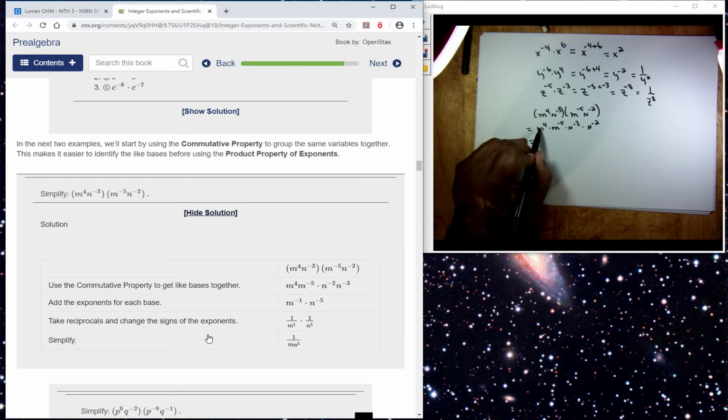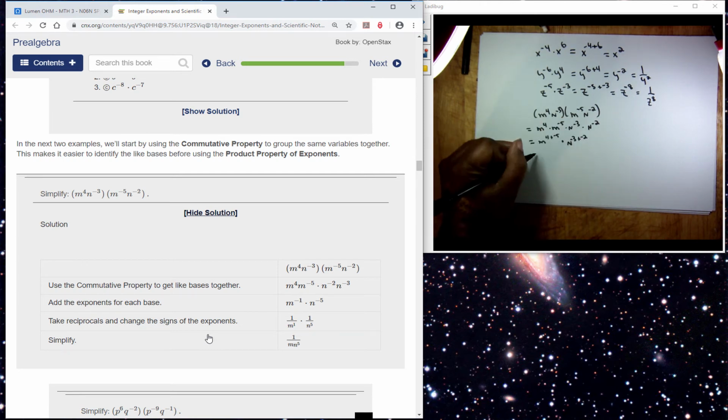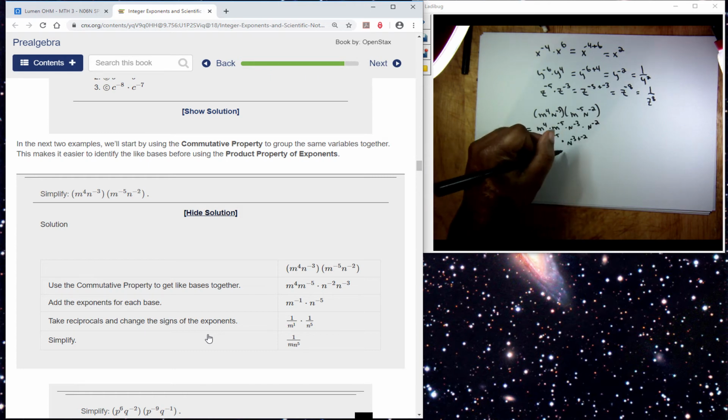So now when I'm multiplying here, they have the same base, so I can add the exponents. So I have m to the 4 plus negative 5, times, these are the same bases, n to the minus 3 plus a negative 2. So adding here, different signs, subtract the smaller from the larger. So I have m to the first power. Here they have the same signs, I'm adding, so 3 and 2 is 5.